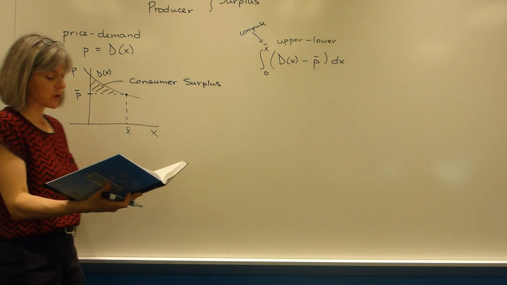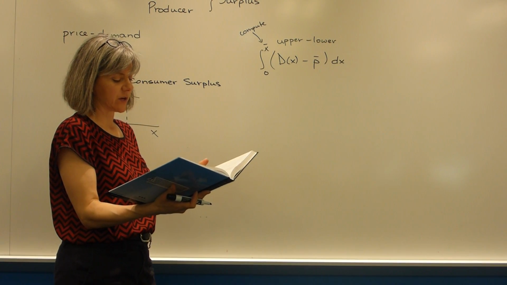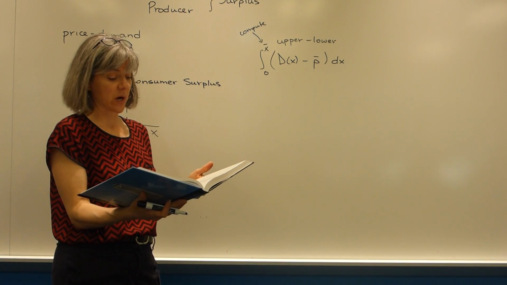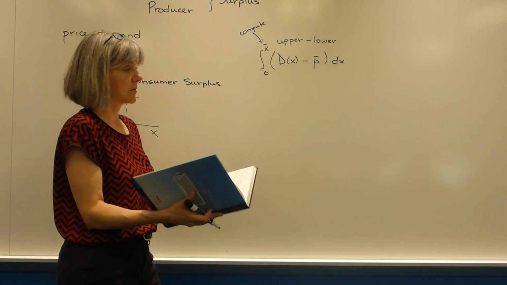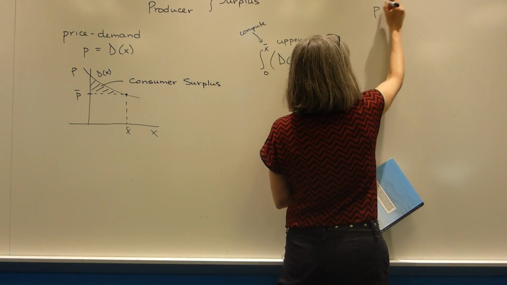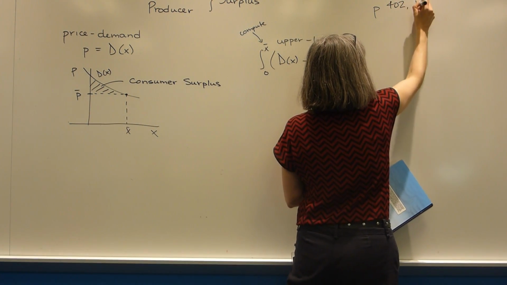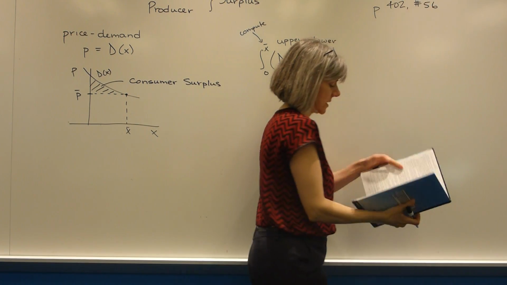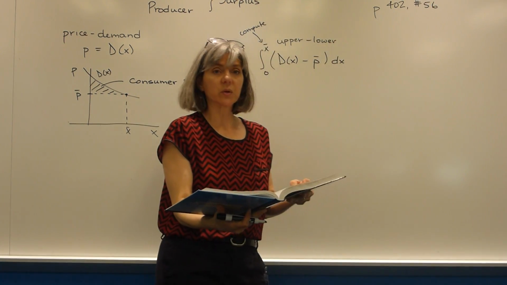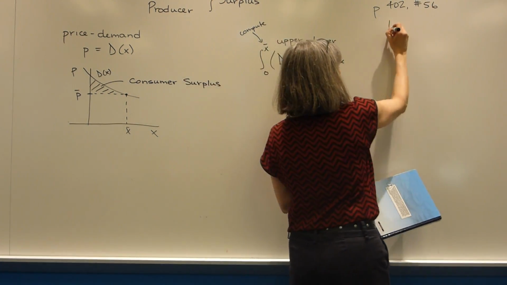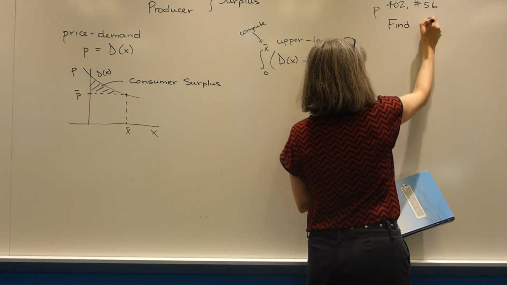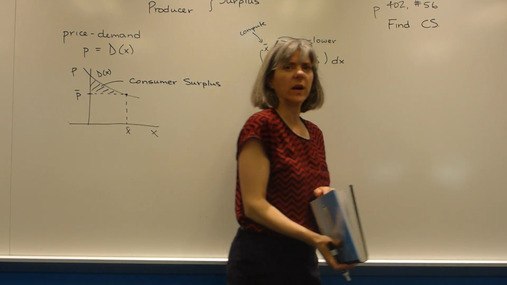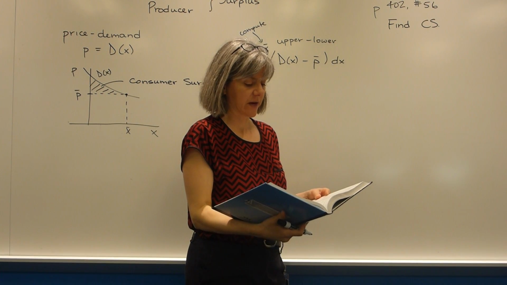It says, find the consumer surplus at a price level of $120 for the following price demand equation. Okay, so this is page 402, number 56. So find the consumer surplus. So we're trying to find that, because I recommend writing your instructions. What are you trying to do? You're trying to find that.